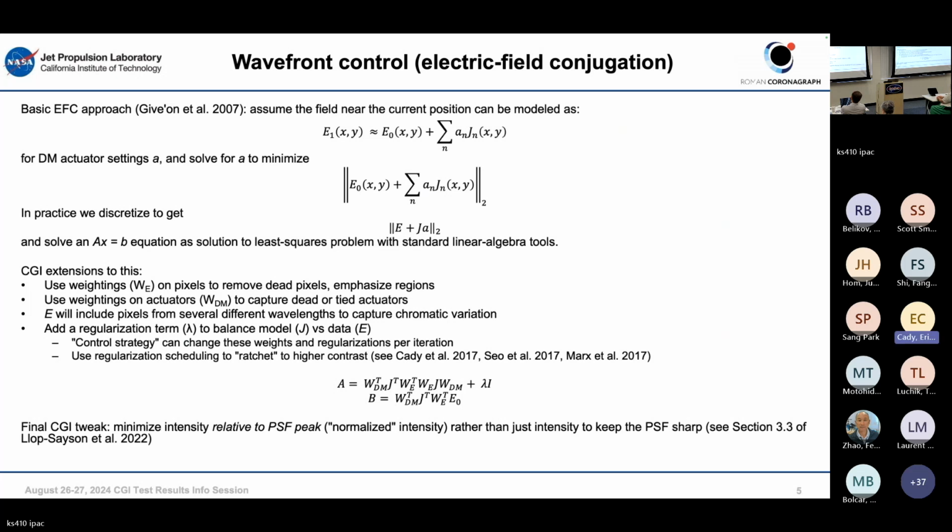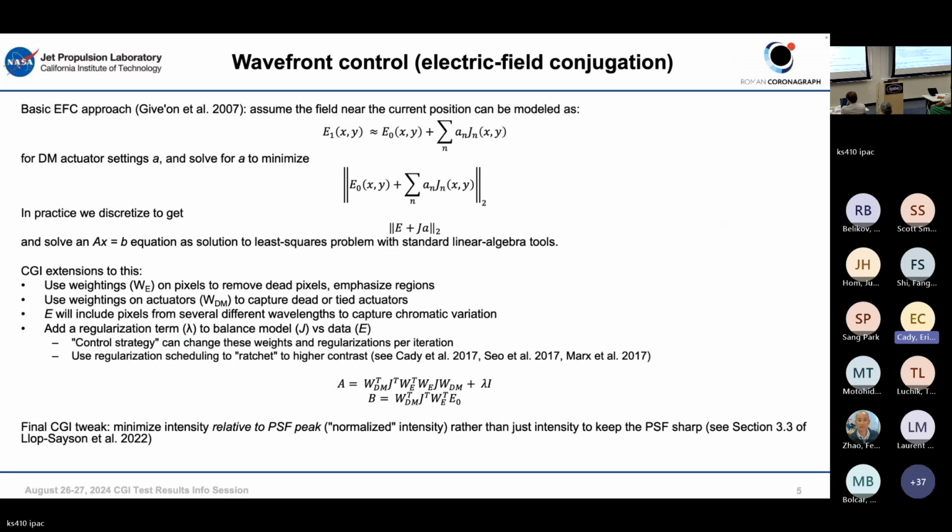And so when you have these things, you can say, okay, locally, if you make a move, you're going to create some electric field, and we want to select that set of DM moves such that it minimizes the electric field residual, conjugates the existing electric field. That is where the naming comes from.